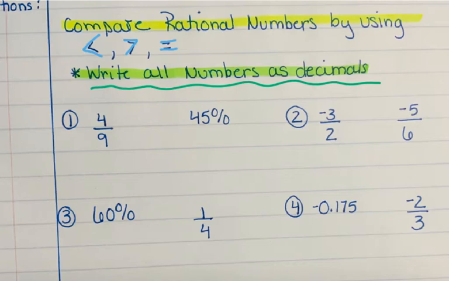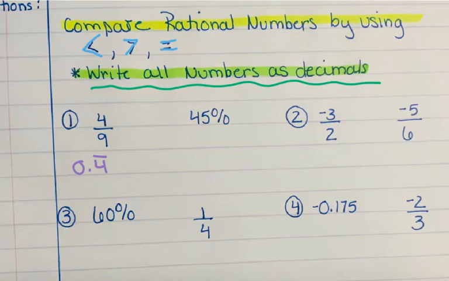We've already learned how to convert all of these. So for 4/9, I need to divide 4 divided by 9. And when I do that, I get 0 and 4 repeating. You can just do that in your calculator.